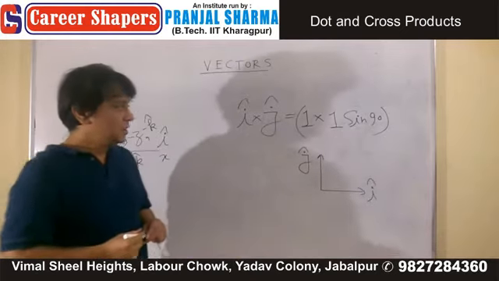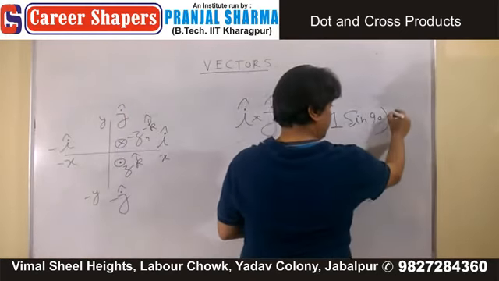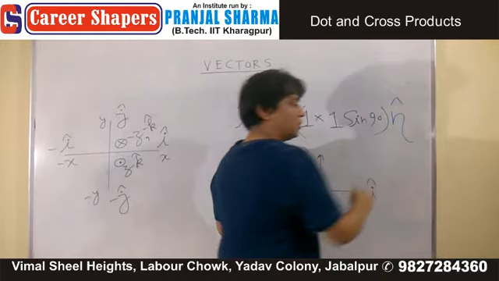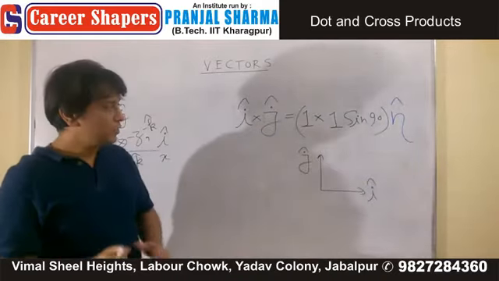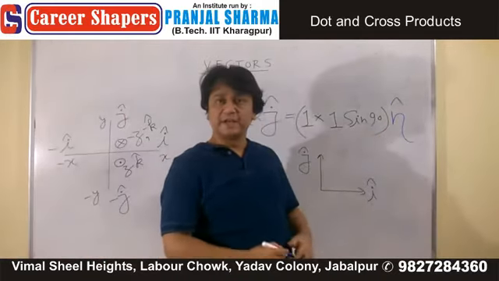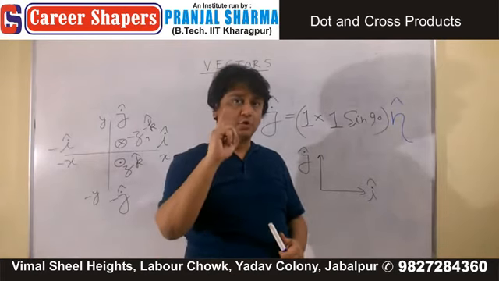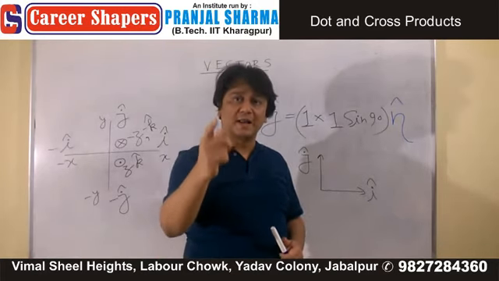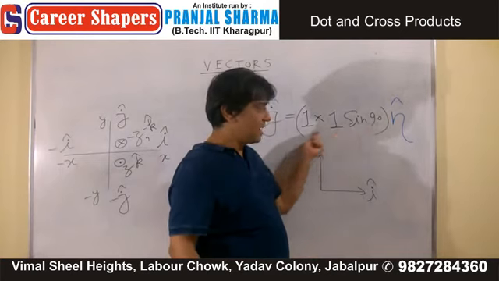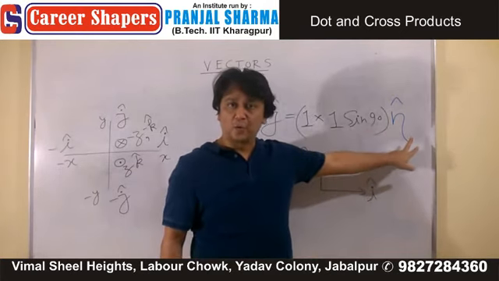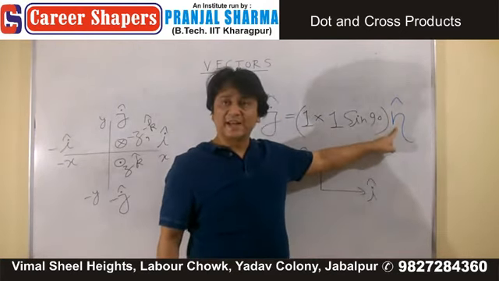Now, the thing which was called eta cap, when we wrote the basic formula, we wrote eta cap. What was eta cap? A unit vector. Unit vectors are used for what? Direction. We already have the magnitude, we just need to find what direction. So what is this eta cap?